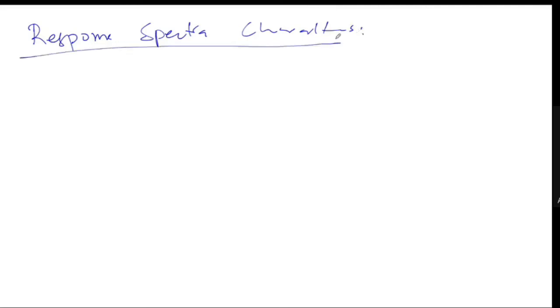Now coming towards some response spectra characteristics. We talk about the acceleration response, velocity response, as well as the displacement response. But let's talk about some of the characteristics of these three, and what information we can obtain for structures if we know their velocity, acceleration, and displacement responses.